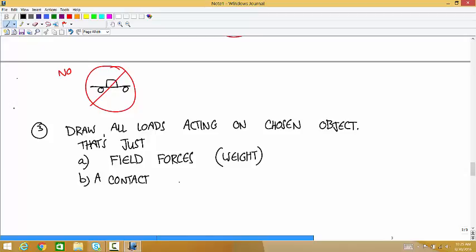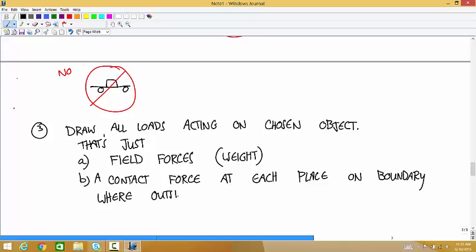So let's say a contact force at each place on the boundary where the outside world and the chosen object touch.